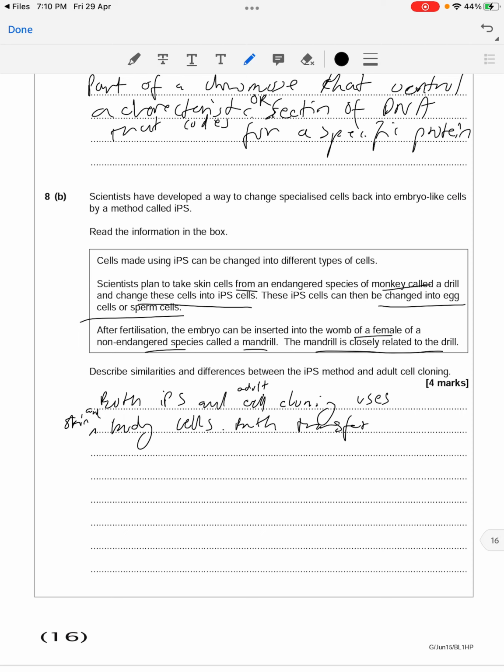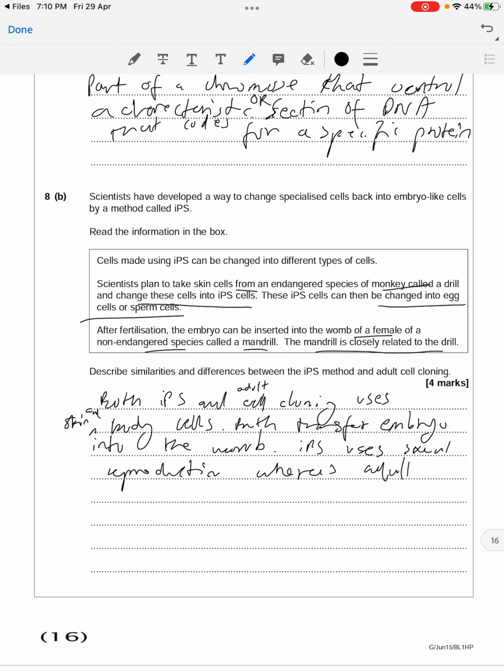Both transfer embryos into the womb. And the difference is that iPS uses sexual reproduction, whereas adult cell cloning does not involve this.